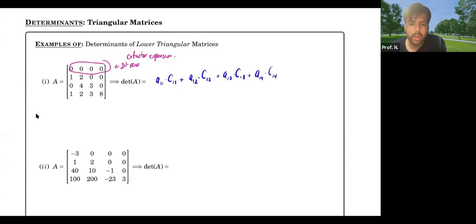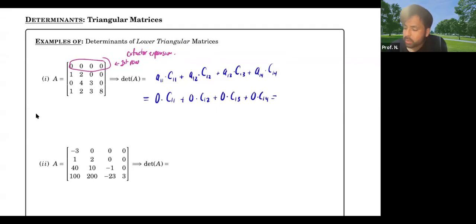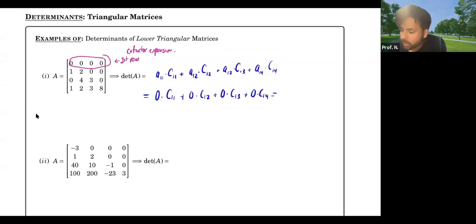That's the cofactor expansion formula. But all these are zeros. So 0 times C11 plus 0 times C12 plus 0 times C13 plus 0 times C14. 0 plus 0 plus 0 plus 0, that's 0.